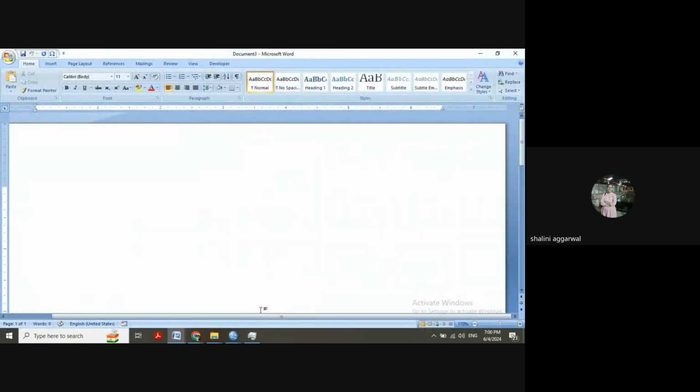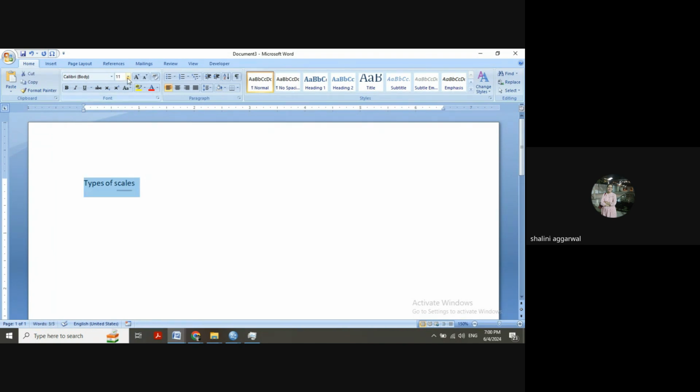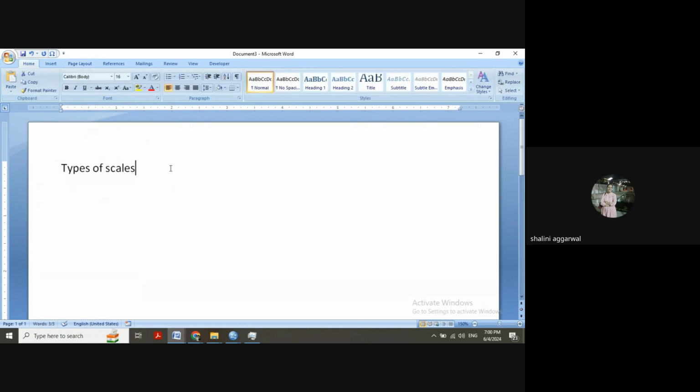So before we start, let me have a recap of what we did yesterday. That is the one topic that we did yesterday was the types of scales. Let me increase the font size as well. Okay. So you people remember the types of the scale.